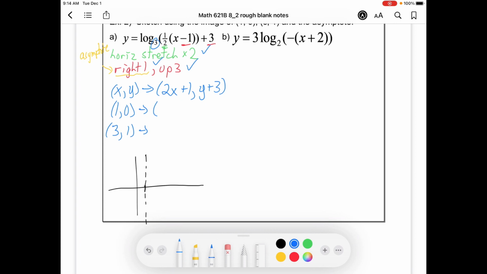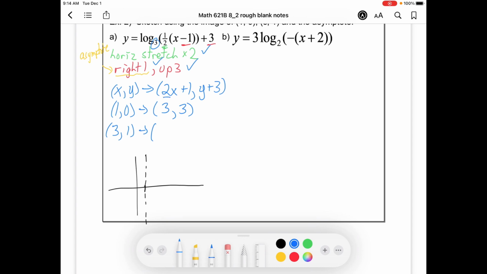So 1, 0 becomes 2 times 1 plus 1, or 3. And then 0 plus 3 becomes 3. Similarly, for the point 3, 1, let's see what will happen. I'll have 2 times 3 plus 1, that's 7. And if you want to see how we got there, maybe I should show the process. I'm putting in a 3.